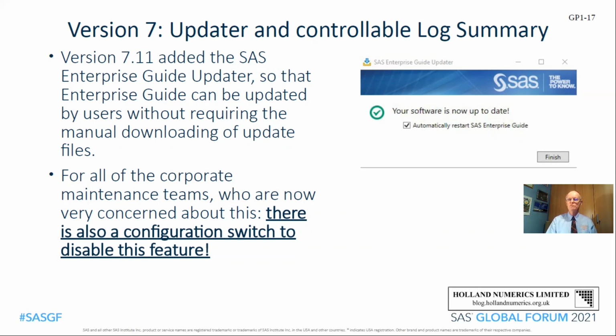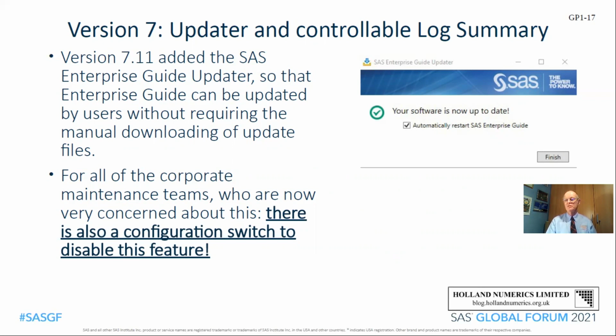In 7.1.1, the SAS Enterprise Guide Updater was introduced, which meant that users could update their Enterprise Guide installations without having to download files in advance. And so it would do all the downloading and installing in one go.